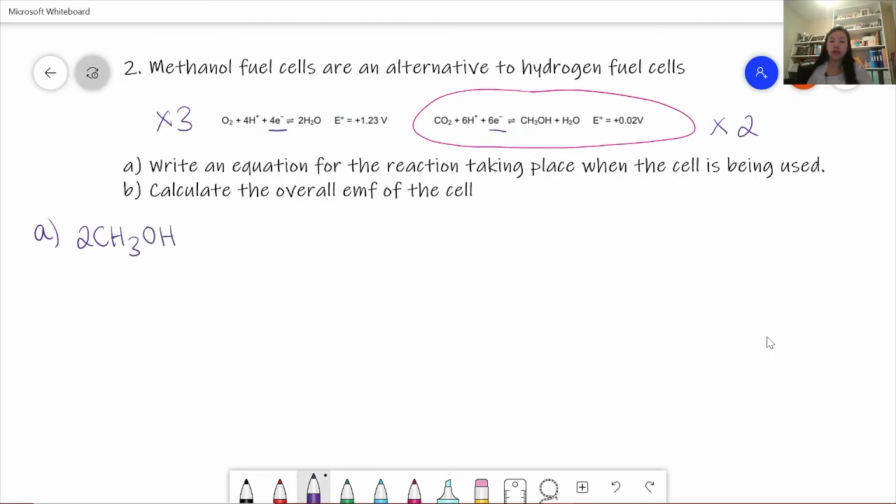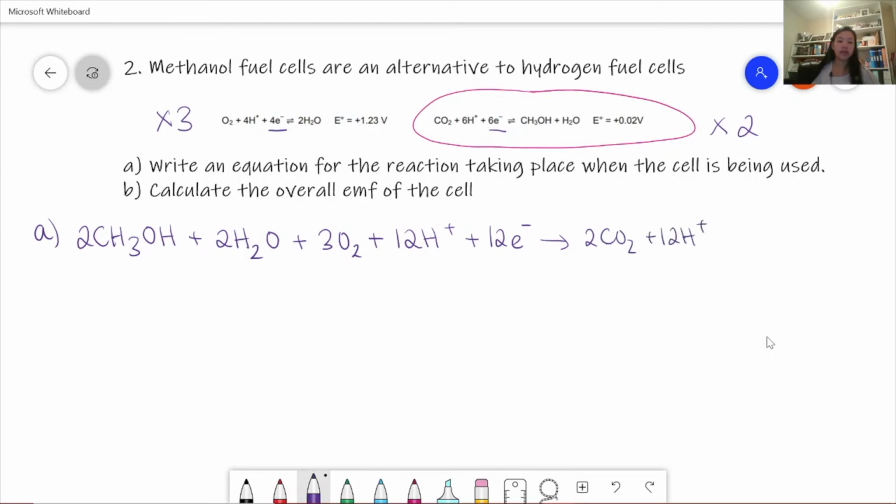methanols plus 2 waters plus 3 oxygens plus 12 H pluses plus 12 electrons, and that goes to form 2 carbon dioxides plus 12 H pluses plus 12 electrons, and then plus 6 waters.